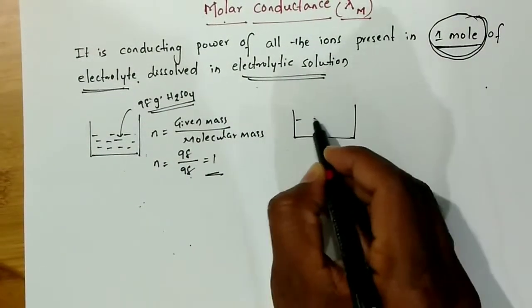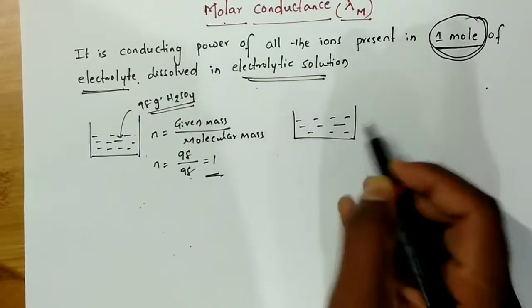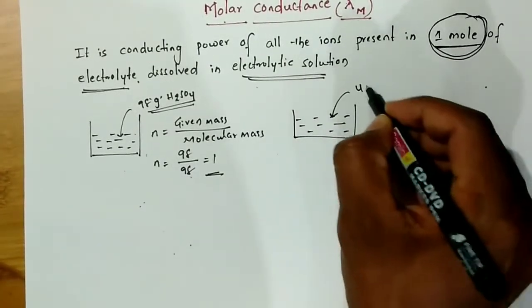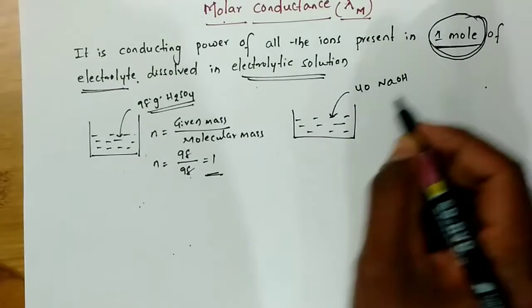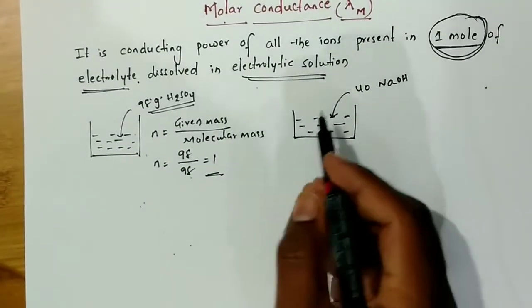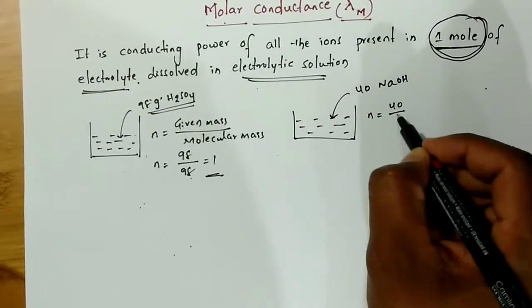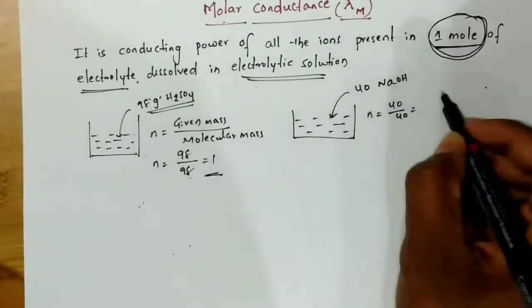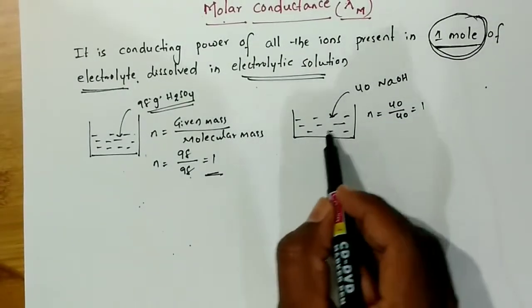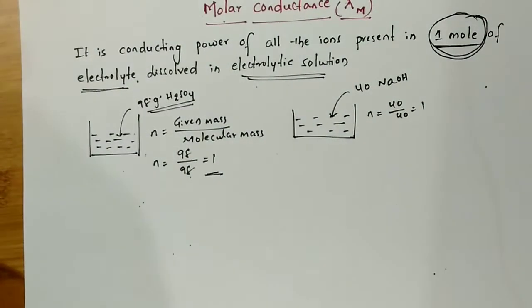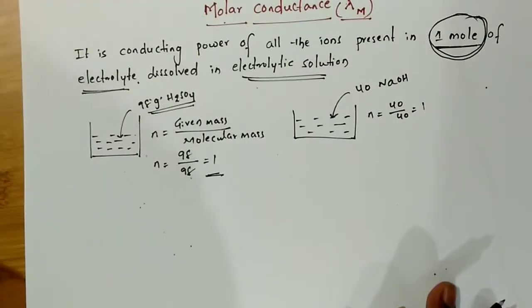For example, here I am taking 40 grams of sodium hydroxide. 40 grams of sodium hydroxide means it is also 1 mole. Number of moles equals 40 by 40. Molecular weight 40, given mass 40, so 1 mole. The conductance shown by this electrolytic solution is molar conductance.